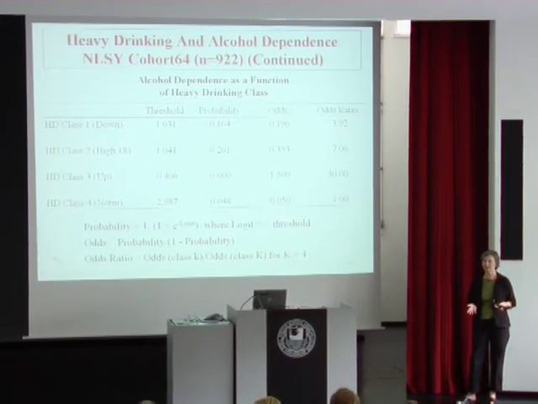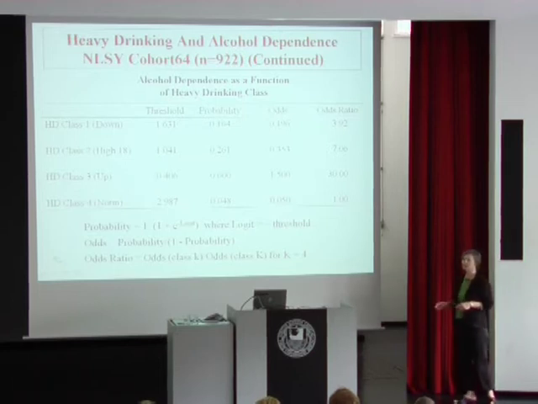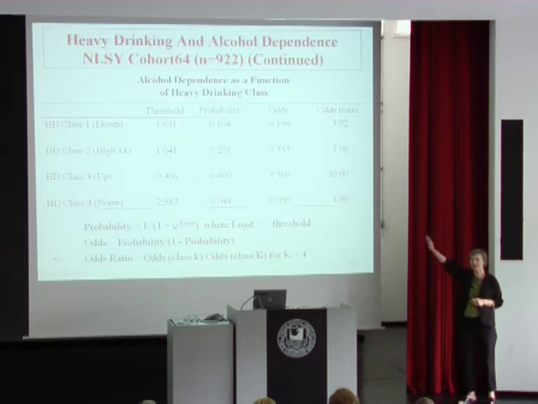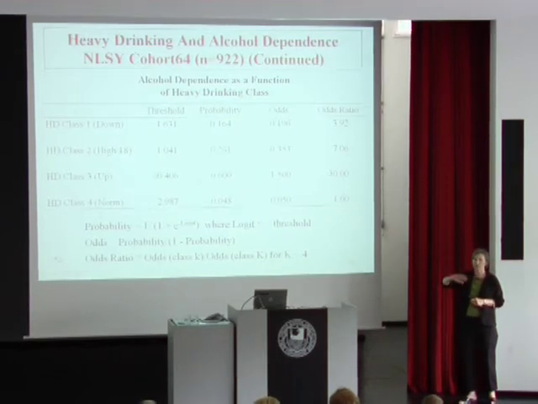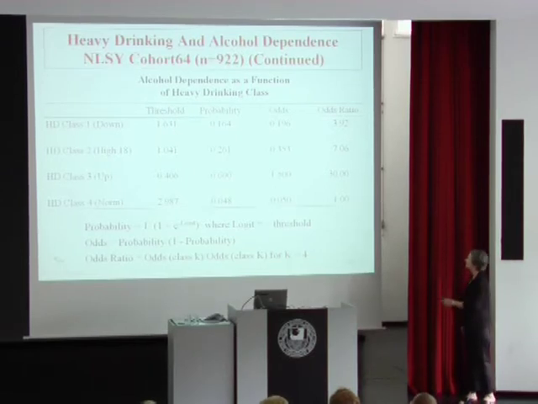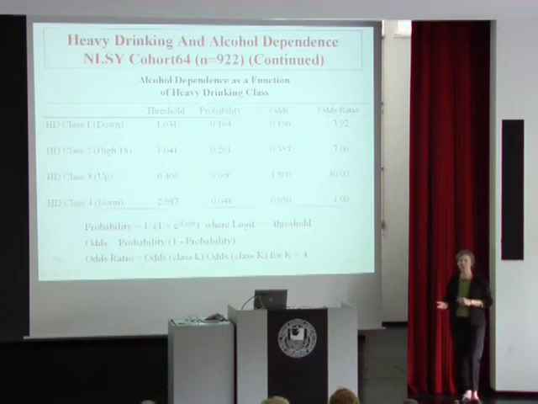predictive validity. So if you have somebody in a class that starts out low and goes up higher than anybody else, that pretty much looks like the worst alcohol behavior that we saw in the other classes, and you would expect that the odds ratio would be 30 times greater for those people to be alcohol dependent than for the reference class.